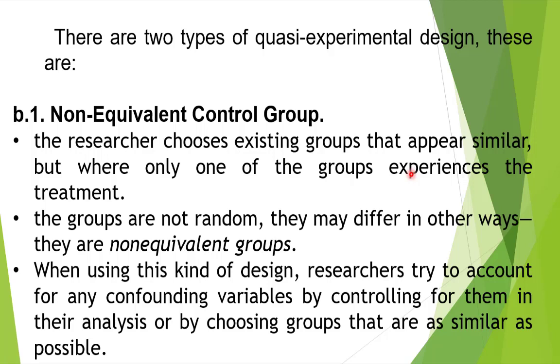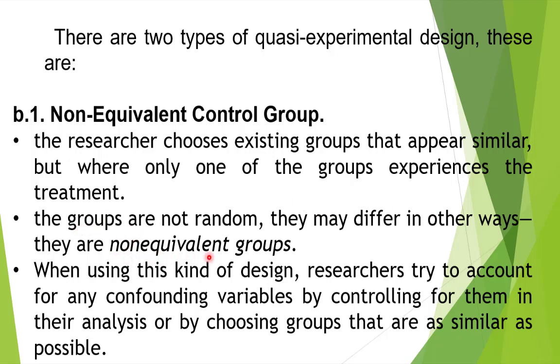These two groups will most likely have the same characteristics, but the groups are not random, so they may differ in other ways. They are non-equivalent groups. Although you are looking for groups that are mostly similar or appear similar, there are also variations, or they differ in some other ways, that make them non-equivalent groups.